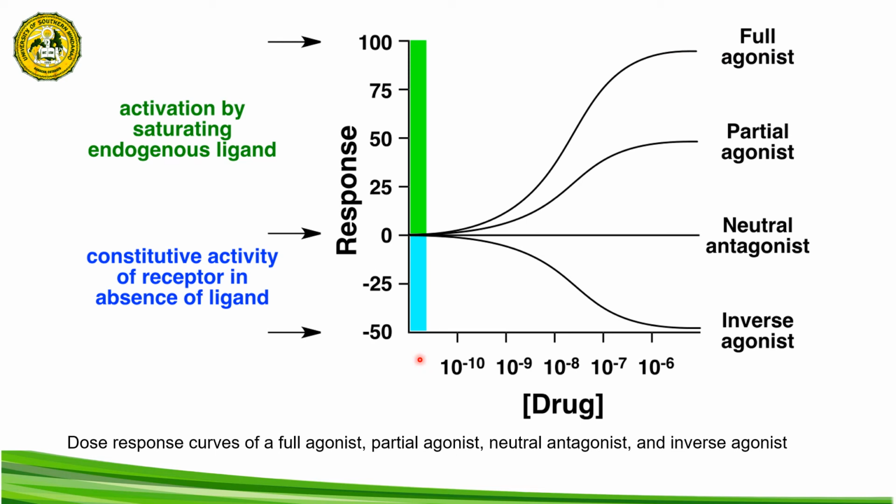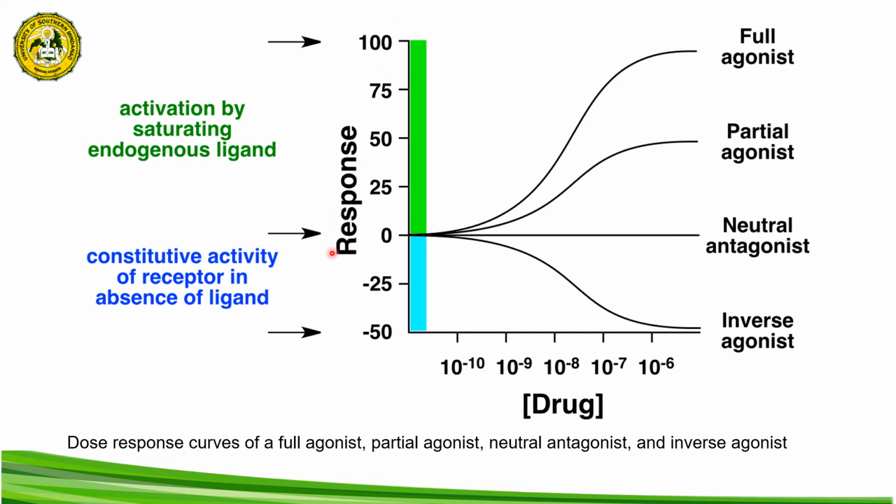This diagram shows the dose-response curves of a full agonist, a partial agonist, a neutral antagonist, and an inverse agonist. The x-axis represents the dose of the drug in increasing concentration from left to right, and the y-axis represents the efficacy or the response. We have here a zero effect, below that we have the negative efficacy, and above that is the positive efficacy.